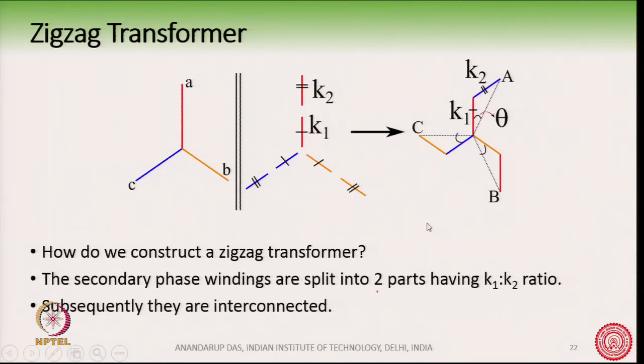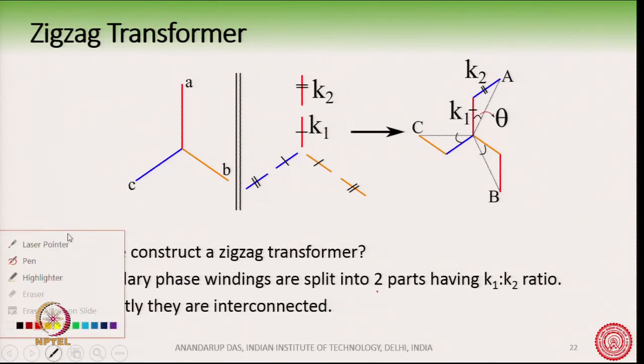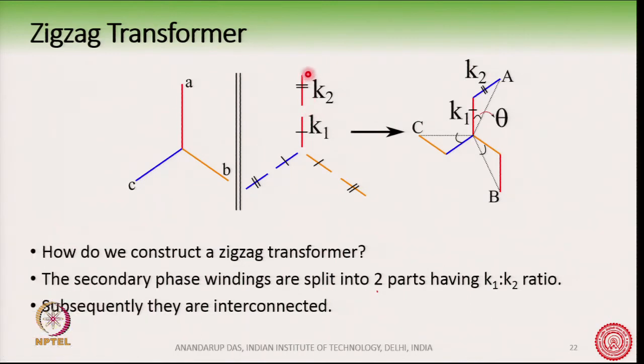Okay. So, for example, you can see here that this is the R phase winding, and the R phase winding is split into 2 parts, and we can say that their turns ratio are K1 and K2.